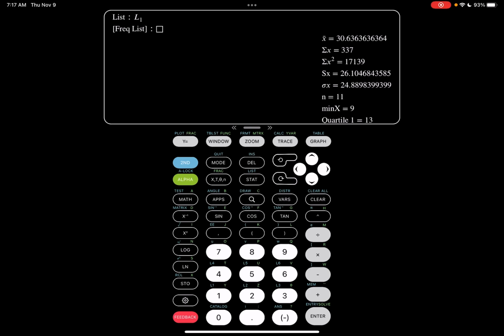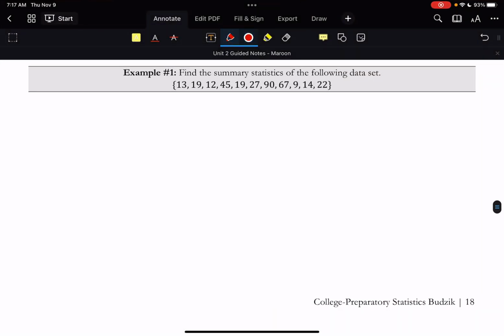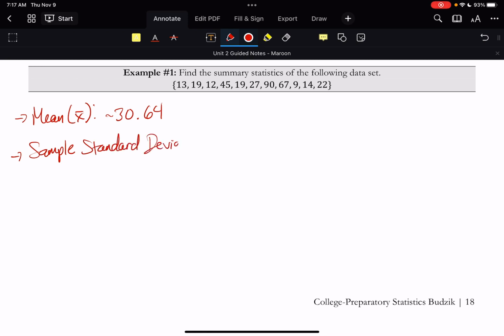If I want to write these down in my notes, all the summary statistics are the following. First off, the mean, which is x bar. My mean is approximately 30.64 when I round to the nearest hundredth. My sample standard deviation, which is my Sx, is approximately 26.10.